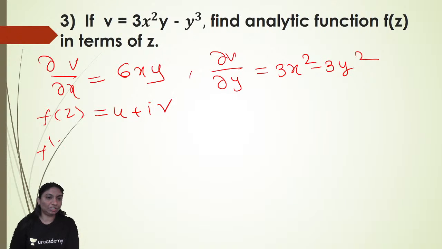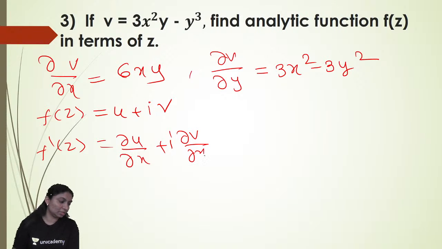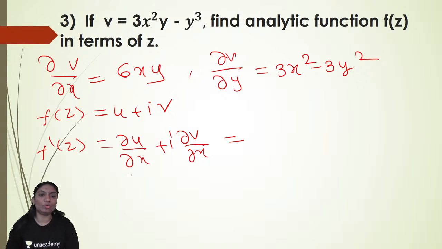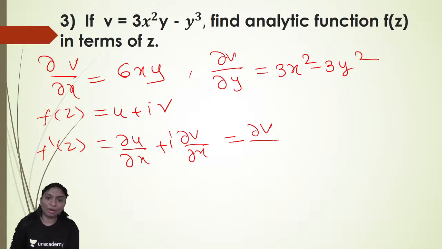So what is our f dash of z? ∂u/∂x plus i ∂v/∂x. As it satisfies the CR equation, ∂u/∂x is equal to ∂v/∂y, so f dash of z is ∂v/∂y plus i into ∂v/∂x.